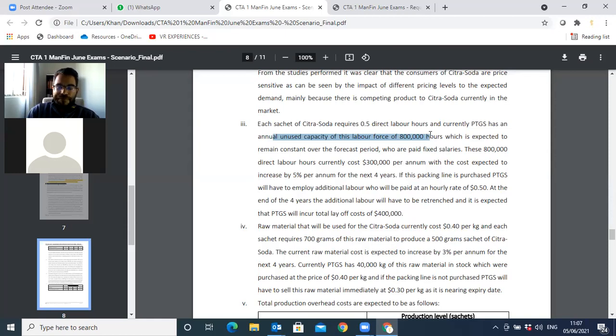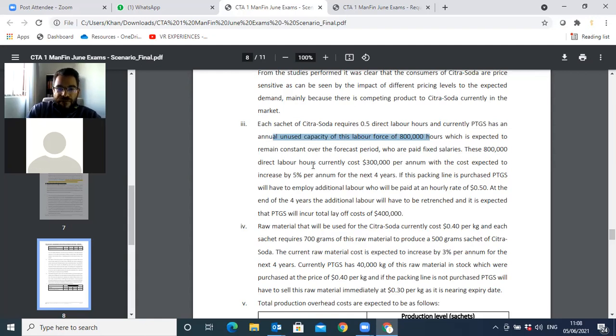So whether we go ahead with the investment or not, we're still going to have that 800,000 unused labor hours. When we go ahead with the investment, we're going to use the unused labor hours, but we will not factor that cost into account, because we're already incurring that cost. So just take note of that.